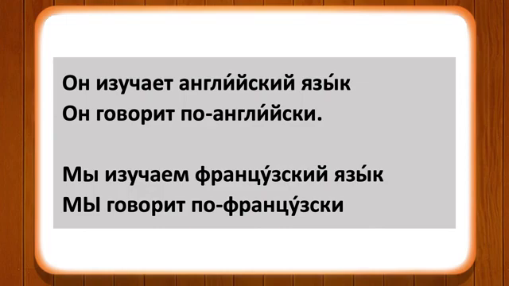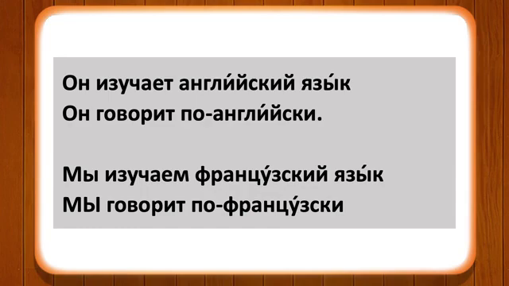So he is studying English, but he speaks in English. Next is мы изучаем французский язык. Мы говорим по-французски. With изучать, you use the full adjective as well as the noun form. And with говорить, you use the adverbial form.